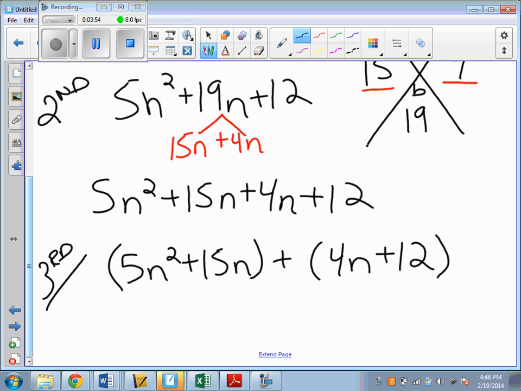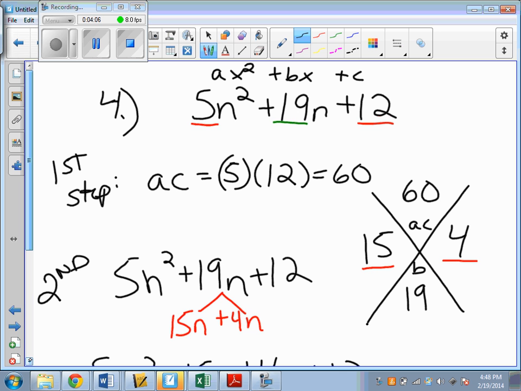I'm going to take a look at just my first pair right here, and find the greatest common factor of 5n squared and 15n. I'm going to factor that out.